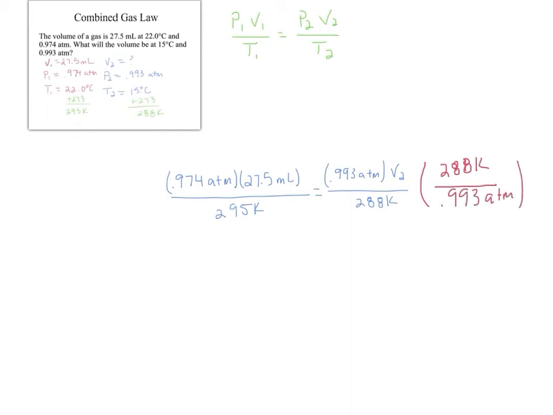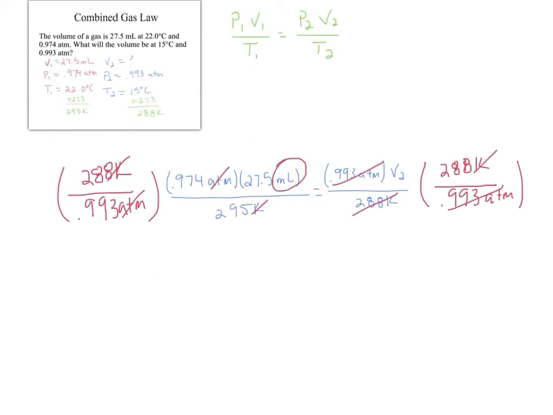I'm going to multiply both sides by the reciprocal. Now notice my Kelvin cancels out, my atms also cancel out on both sides. So I'm left with a unit of milliliters.